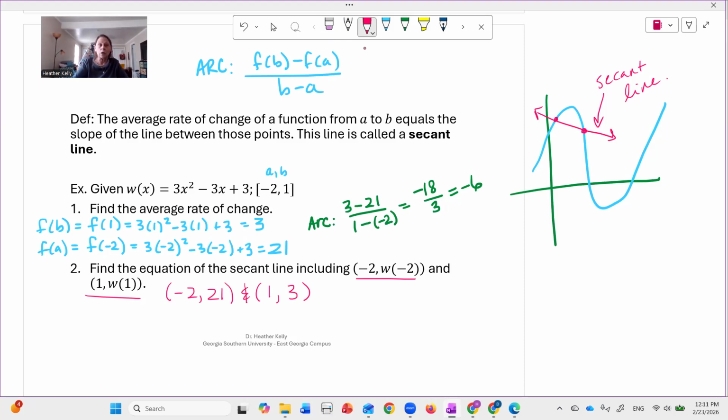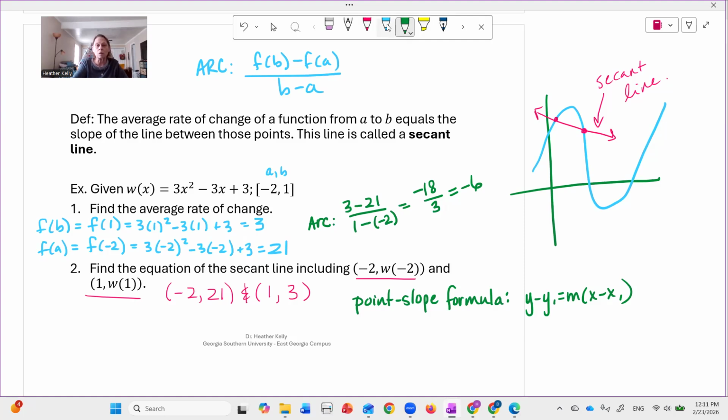And now we want to use point slope formula.